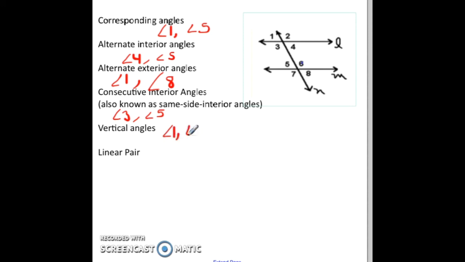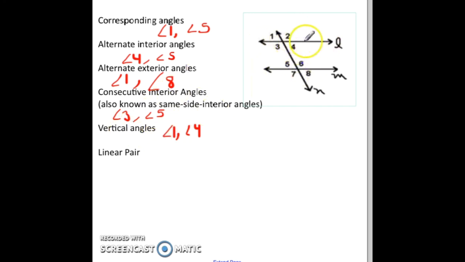2 and 3 are vertical angles, and we know vertical angles are congruent. 5 and 8 are vertical angles, and 6 and 7 are. So 1 and 4. And vertical angles are congruent. It doesn't have anything to do with parallel lines. If you have vertical angles, they're on the same set of intersecting lines on opposite sides of each other. Now, a linear pair, notice it has line in it.